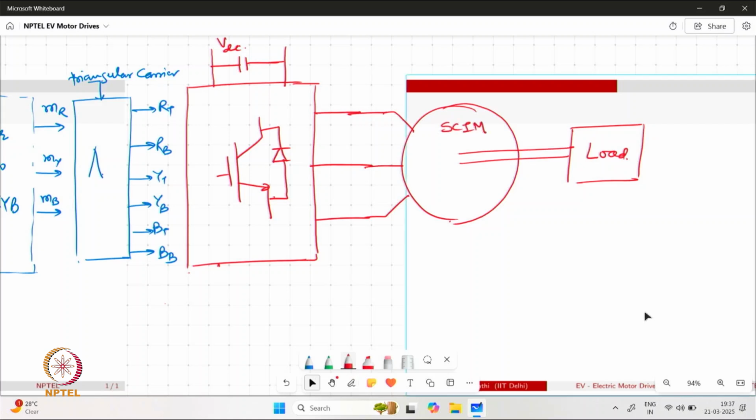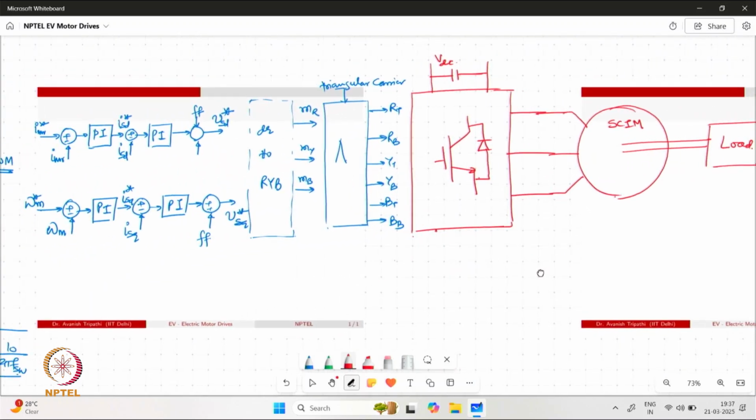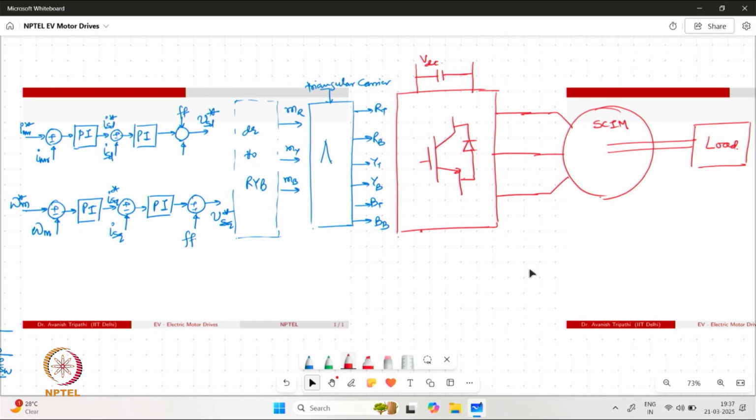Now this is how our physical system is going to look, the entire control system along with the hardware. Now it should be noted that for achieving the closed loop control, we need to have certain feedback.